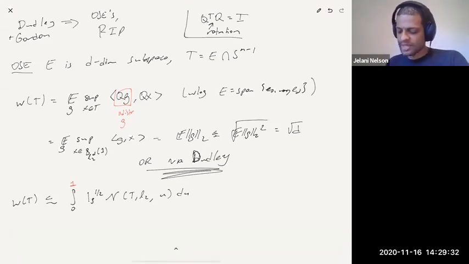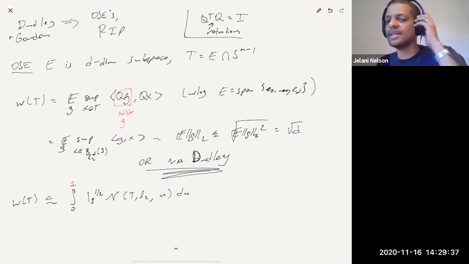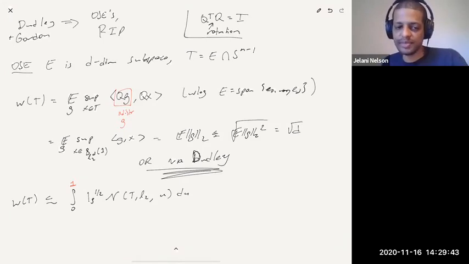And now we saw this before. The d-dimensional ball in L2 has epsilon covering number of something like 1 over epsilon to the dimension.